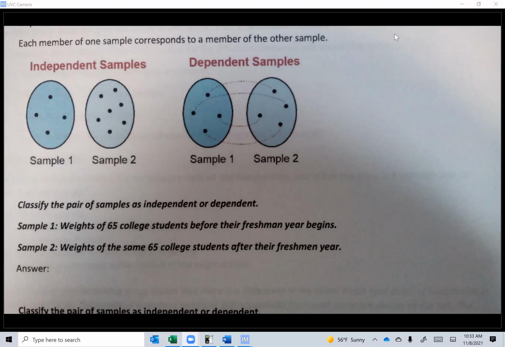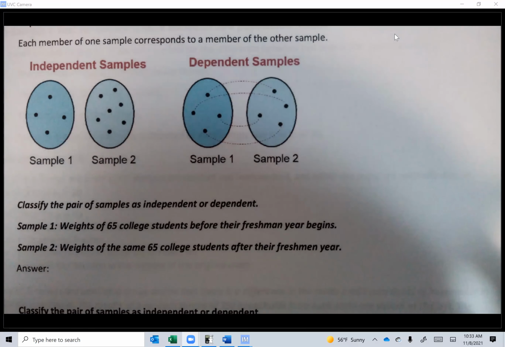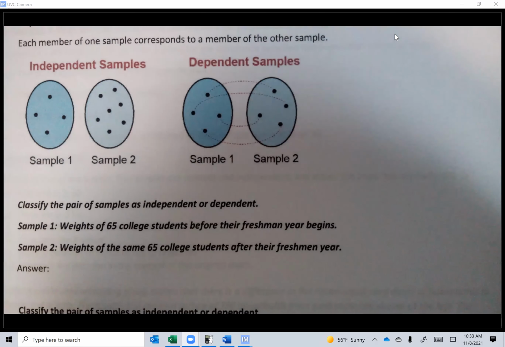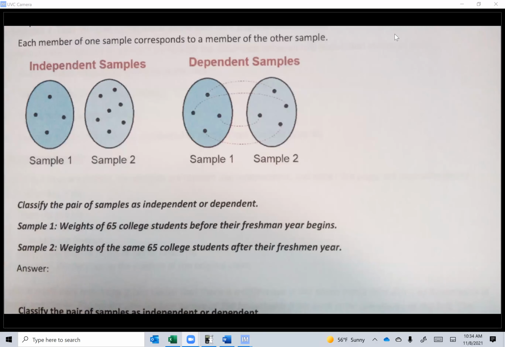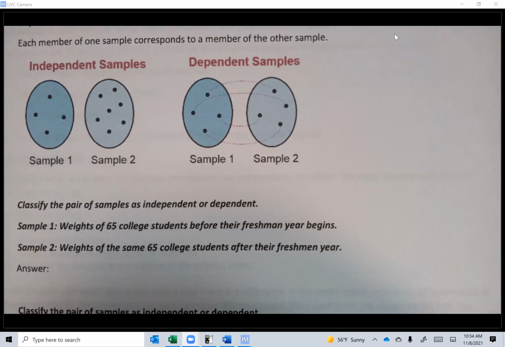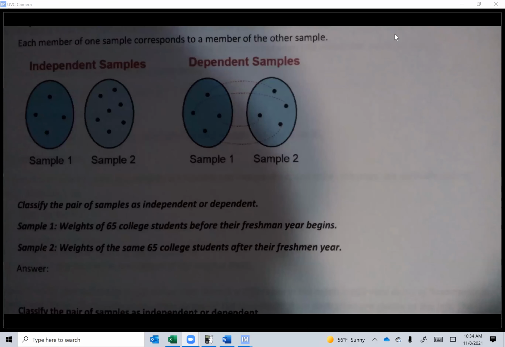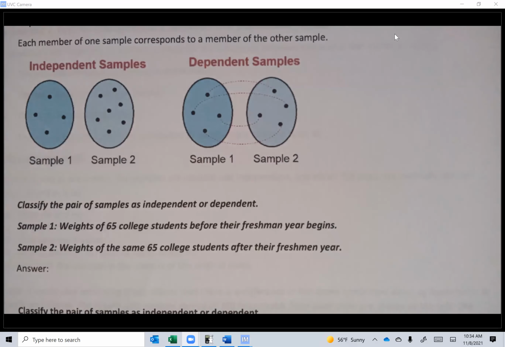What do you think of the first two samples? Are they dependent or independent? Weights of 65 college students before their freshman year begins. Weights of the same 65 college students after their freshman year. Any answers, guys? What do you think?